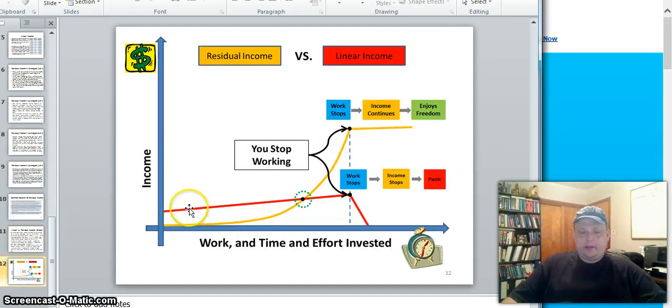So again, here, this is linear income. You're working, getting paid, boom, either you retire, something happens, you stop working, you stop getting paid. Here's residual income. It takes time to build your organization, your team, and you're going to hit that crossing point, that pivot point I mentioned, where you have an opportunity cost and you have to decide if you want to make that your full-time job.